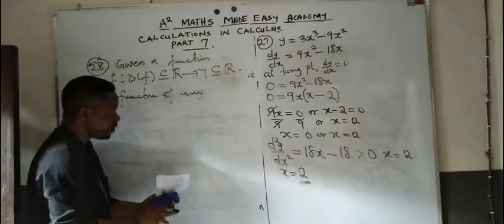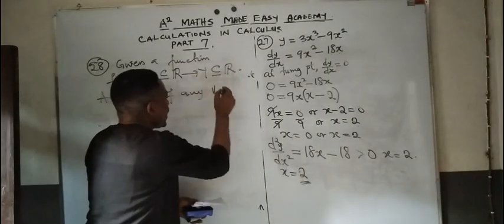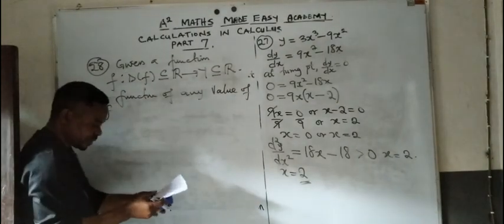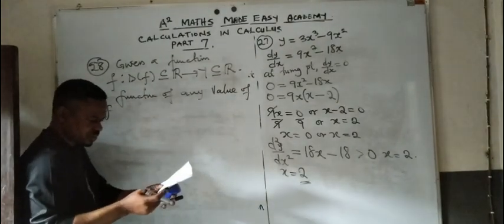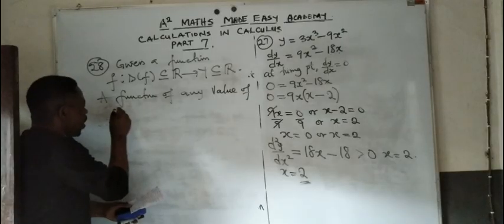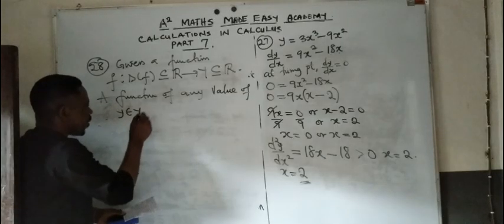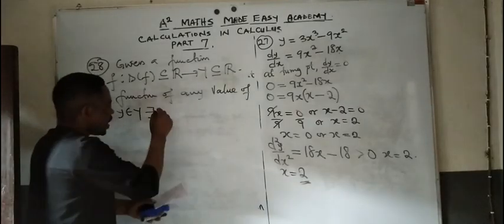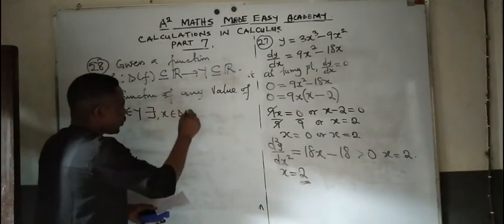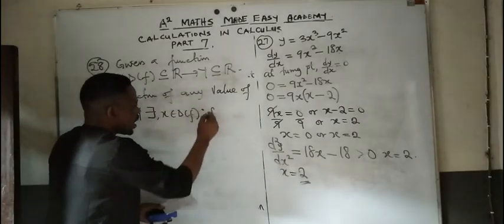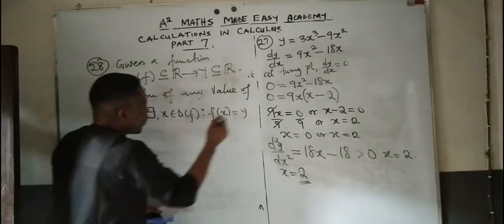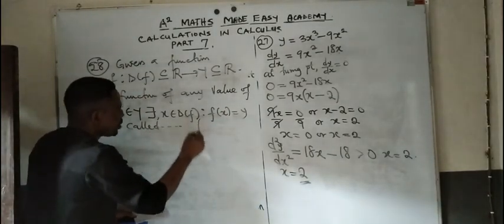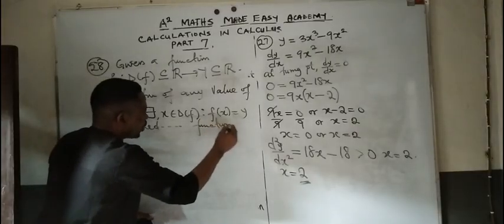For any value of small y that is a member of big Y, there exists an x that is a member of the domain of f such that f of x is equal to y is called a dash function.